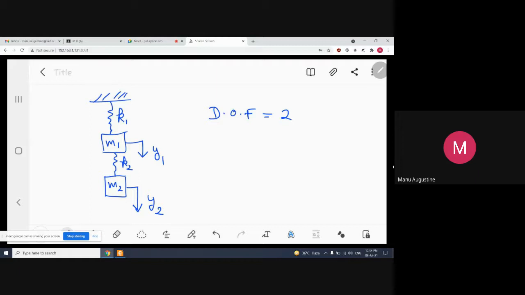And now when you talk about generalized coordinates, then you specify what are the variables or coordinates that actually comprise your 2 degree of freedom system. So now when you mention the name of y1 and y2, you say that y1 and y2 are your generalized coordinates.